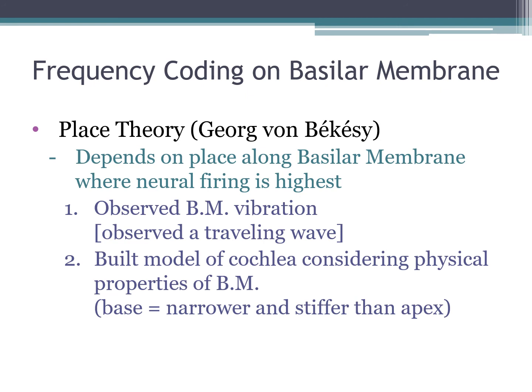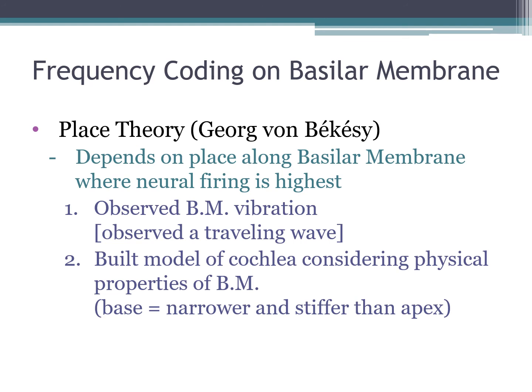But place theory comes from Georg von Békésy, who stated that it depends on the place along the basilar membrane where neural firing is the highest. So remember, we have this kind of wave going through in the liquid, which is like an ocean wave or the snap of a rope, where it's going to be highest.